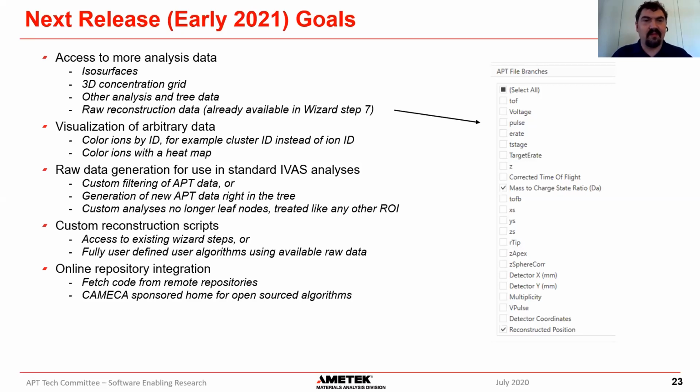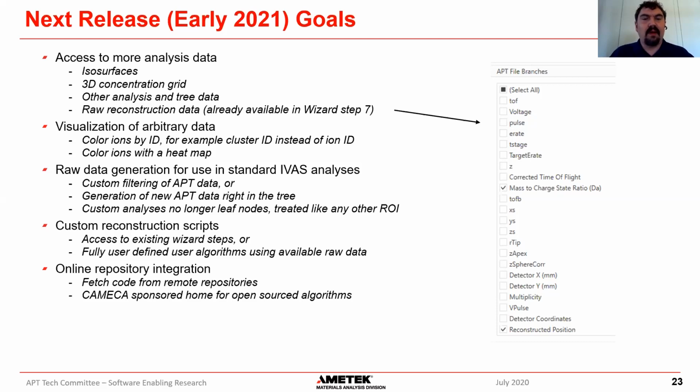Also, we're adding a lot of new visualization options. So you can see arbitrary data from your APT file. So if you add new APT data items, you'll be able to visualize those without having to write your own visualization code.